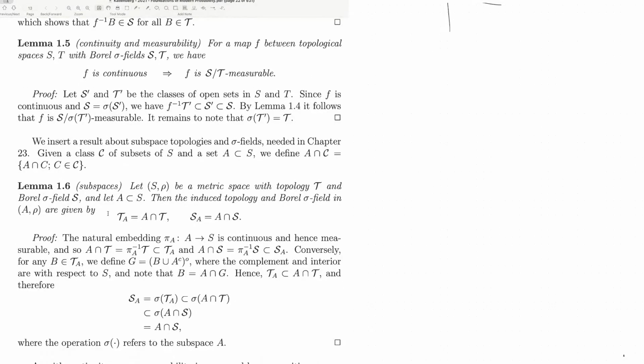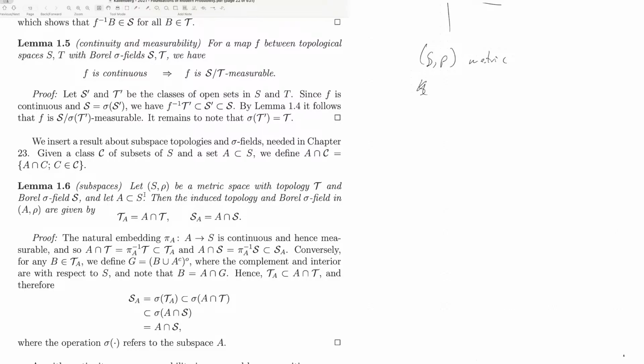Okie dokie. We insert a result about subspace topologies and sigma fields needed in chapter 23. I have no plan on getting there, but let's take a look. Subspaces. So S rho is a metric space, gives us T. You can just say S rho is good enough.